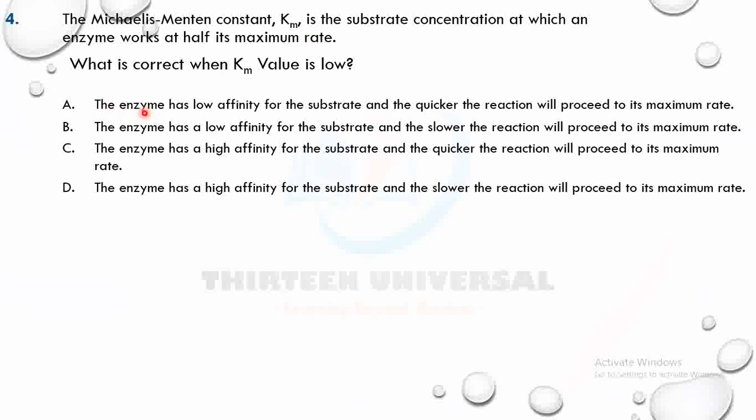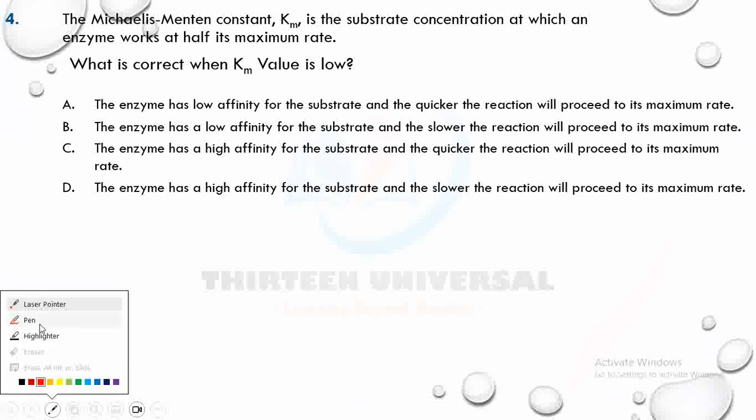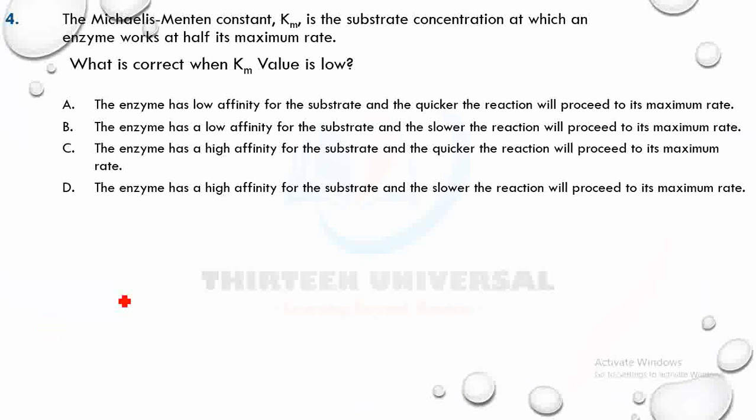Now A says the enzyme has low affinity for the substrate. Before I start solving the question, I need to take you back, because this is what dealing with critical thinking is about. You cannot deal with critical thinking without memory. You need to know exactly the knowledge surrounding each concept.